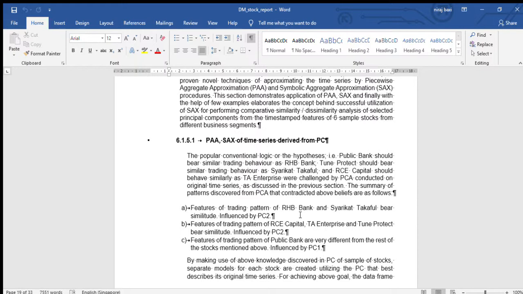We would like to know how good these principal components are at representing the time series. To me, this would be an innovative way of verifying the principal components against the time series, because just relying on principal components giving the variance, so it is good to represent the data, I guess it's not enough.